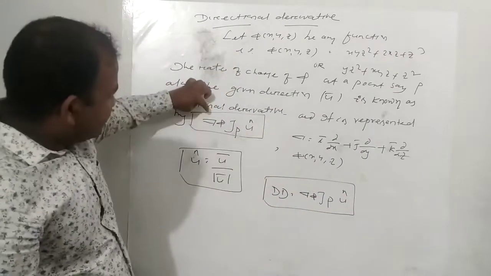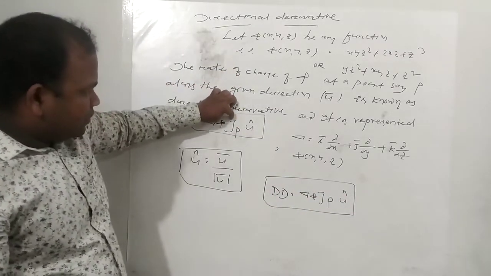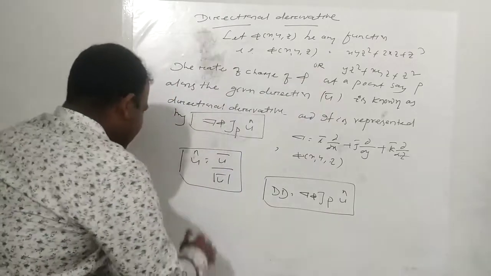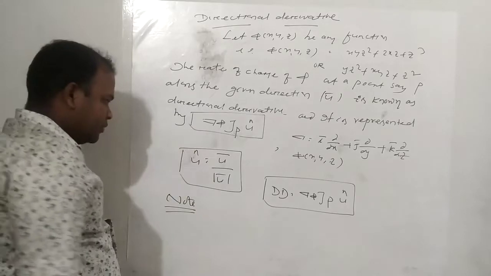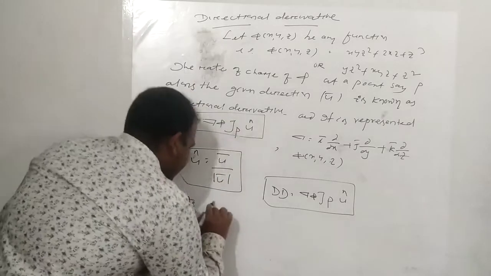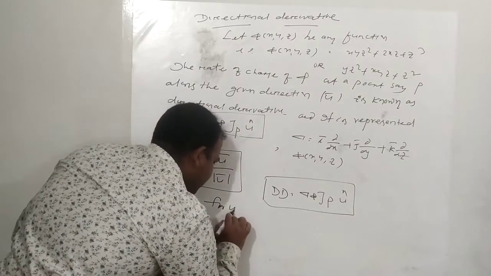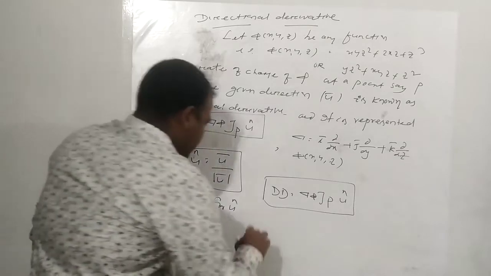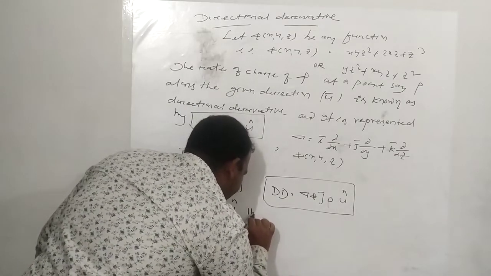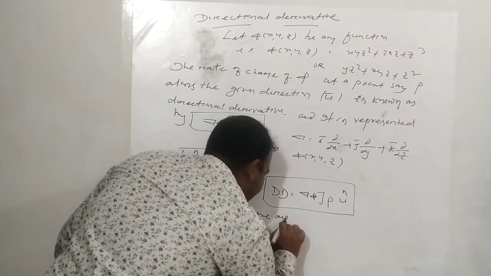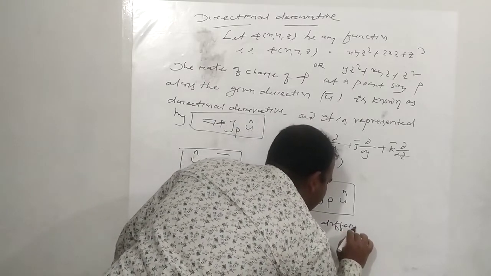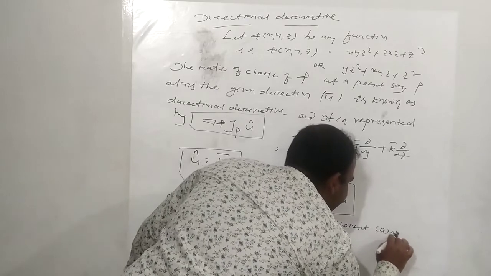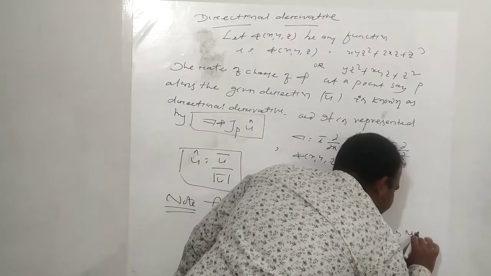So here, the directional derivative along the vector. Note, for u cap there are 4 different cases that may arise.